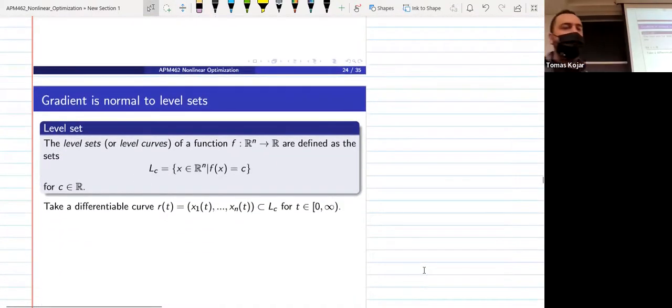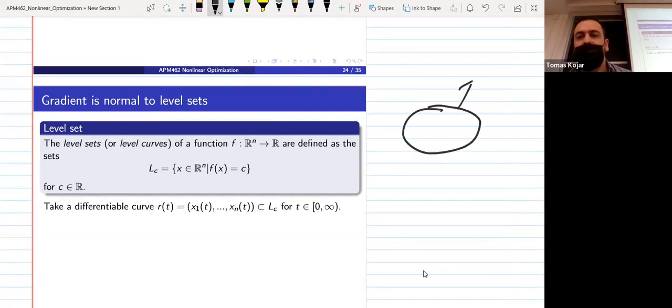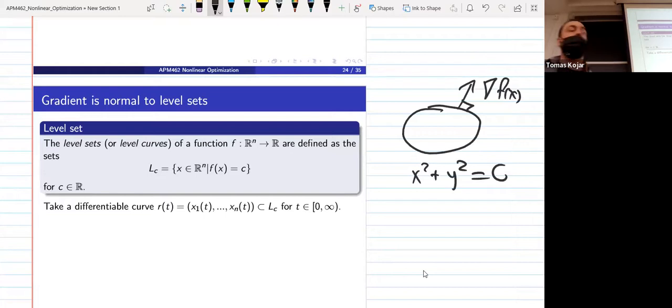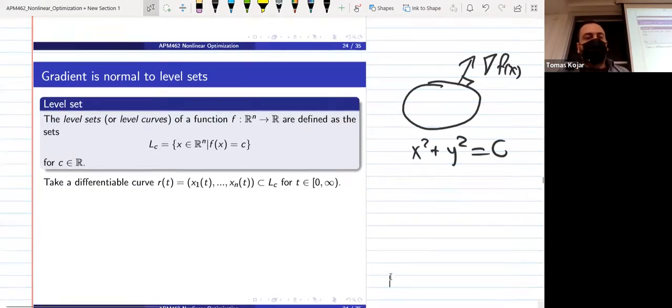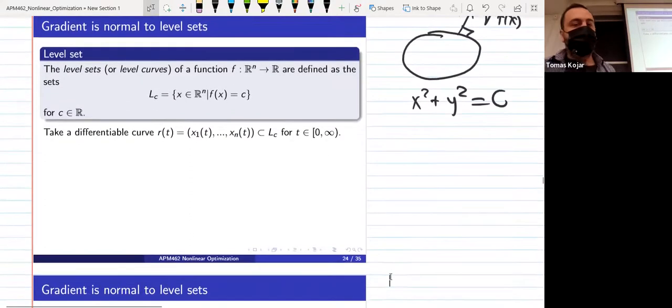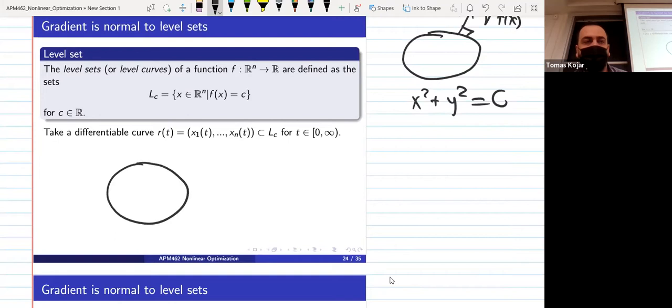So let's now prove that the gradient is orthogonal to the level sets, namely that the gradient of f of x will be orthogonal to circles, going back to our example. All right. So that's how you do it. Give me a curve inside the level set.